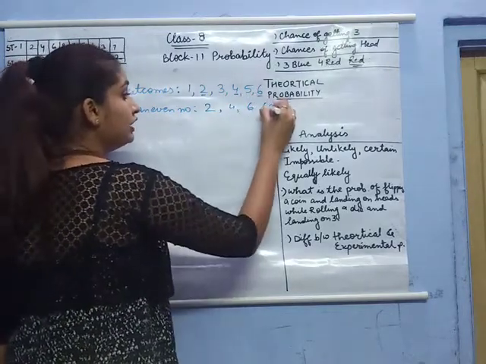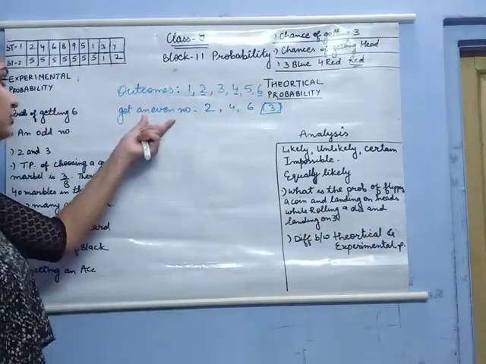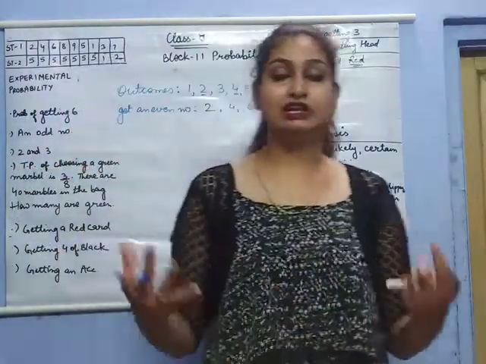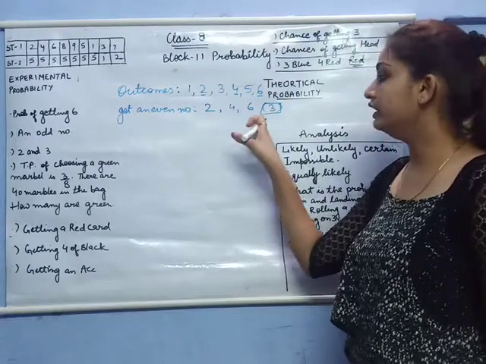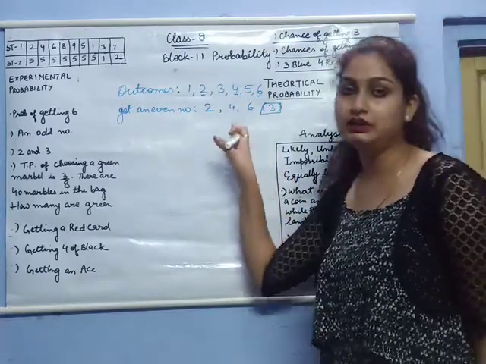So a total of 3 outcomes are favoring this event, that is getting an even number. An event is, as I told you, a collection of outcomes.